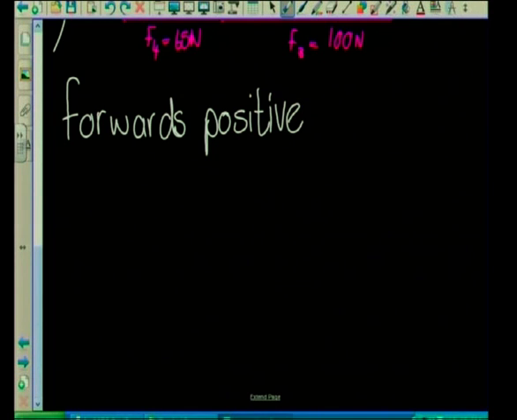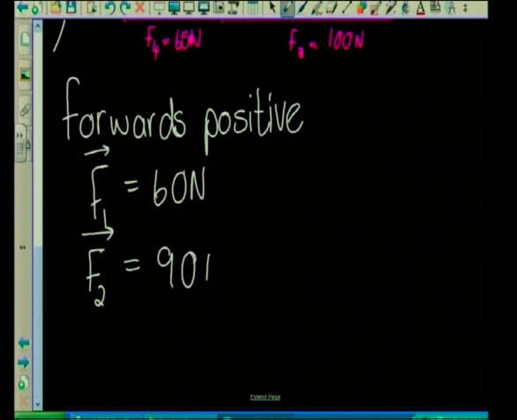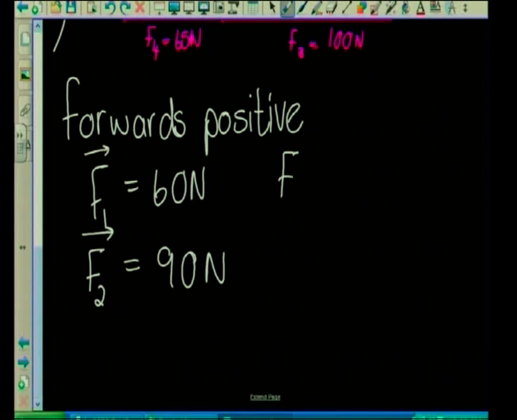Which means F1 was 60 newtons, and it's a positive value. F2 was also forwards, and that was 90 newtons, and that's a positive value. F3 was backwards, so it's in the opposite direction, so it's a negative value.